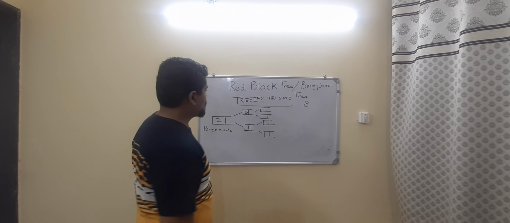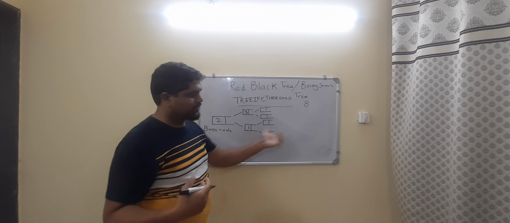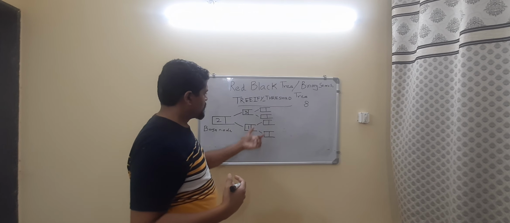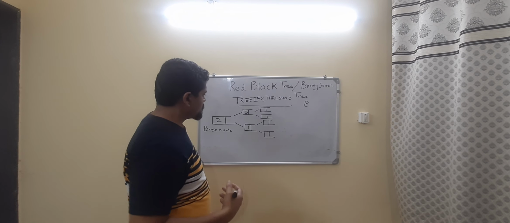According to how the elements increase, it stores itself, and the hash collided elements are stored over here in the red black tree binary search tree.